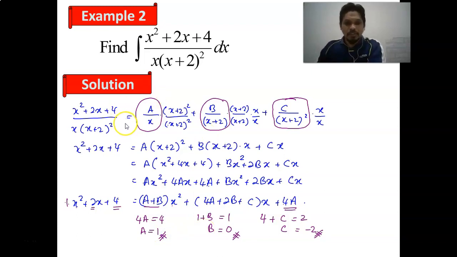Okay, I need to copy all this again. Wait a minute. A is 1, B is 0, and C equals negative 2.